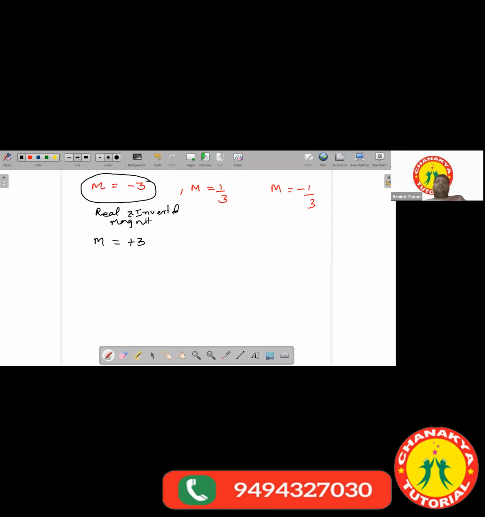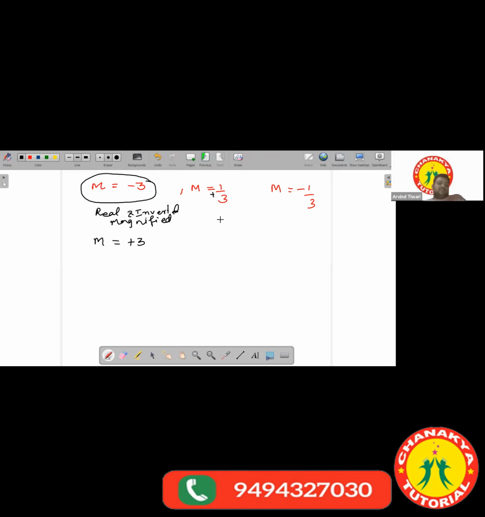What information do we convey from the second value, magnification 1/3? You have a magnification value with a plus sign.